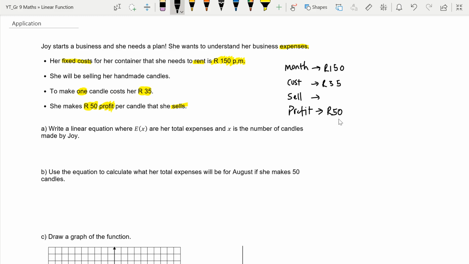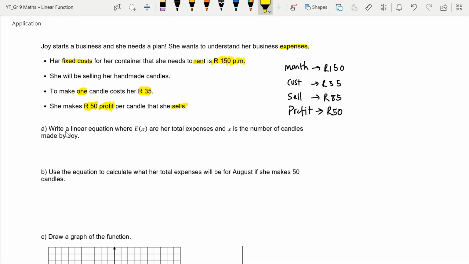Well, if she's making 50 for every single candle after she spent the 35, surely her selling price for a candle is 85. Because if you take the 85 and you subtract the 35 that she needed to make that, then her profit for the candle would be 50 bucks. Okay, I don't actually know if we're going to need that information, but we're just trying to make sense of what they're giving us. We're most probably already anticipating some of what they're going to ask anyway.